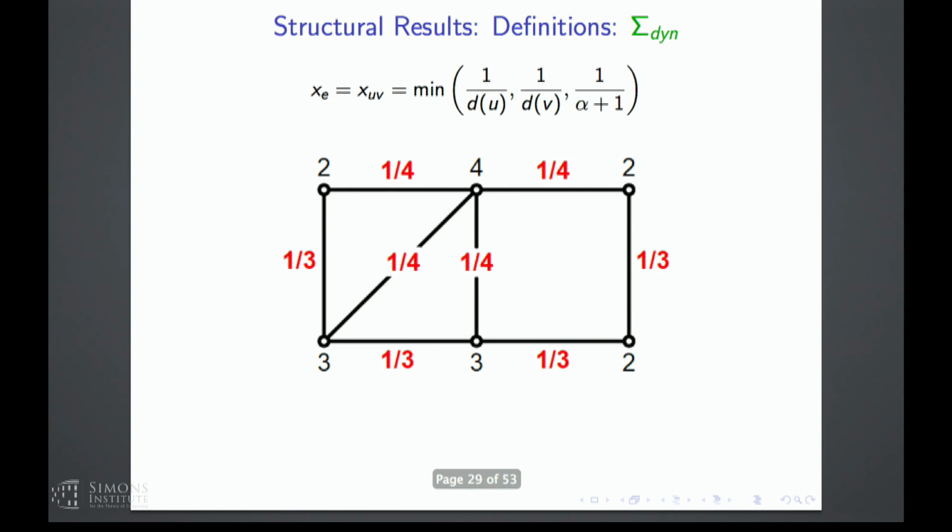And so these are the weights that we assign to all the edges. Note that, for example, this edge has 2 endpoints of degree 2. But since the arboricity of the graph is also 2, this last term is the minimum one, which gives us the 1/3. And then sigma dynamic is just the sum of all those weights for all the edges multiplied by alpha plus 1.